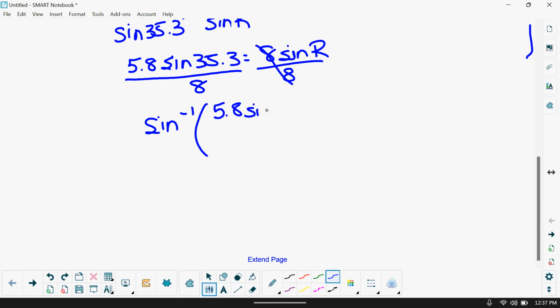If you put this in, make sure you have the right number of parentheses. So you type in the top first, so 5.8 sine of 35.3. Now divide by 8, second sine, second answer, and I get 24.8.